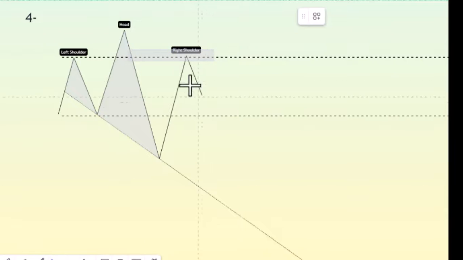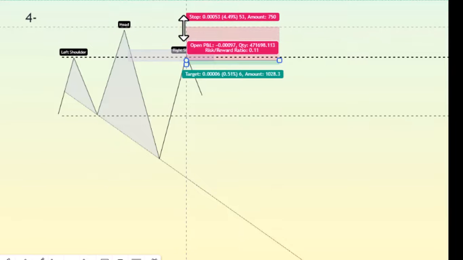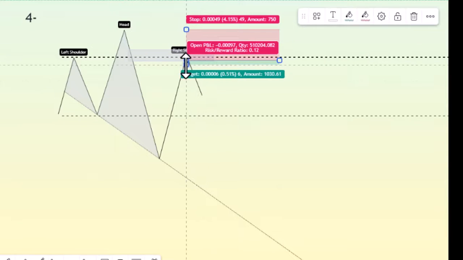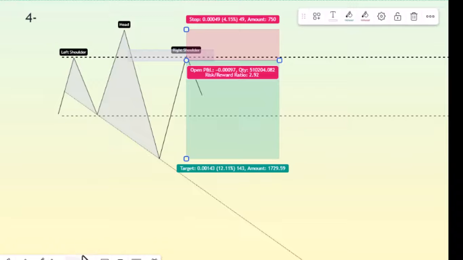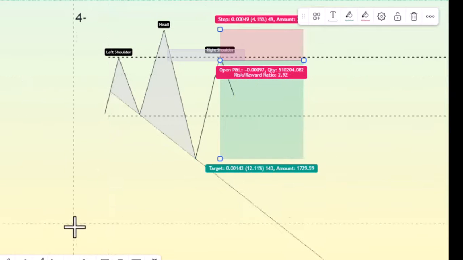For take profit, you have two choices. Let me first put my stop loss there. For TP, you can put your TP on this area that formed on the neckline, or you can use a price level that maybe formed before.